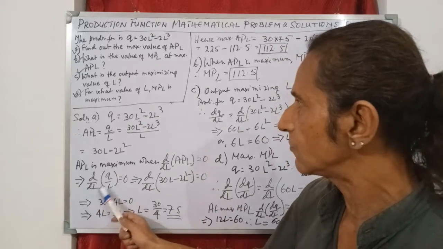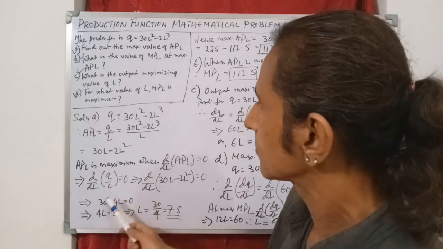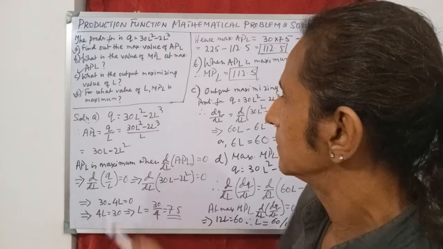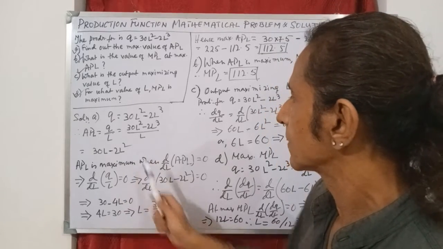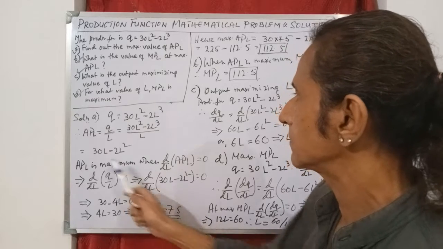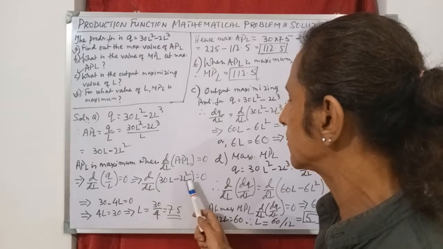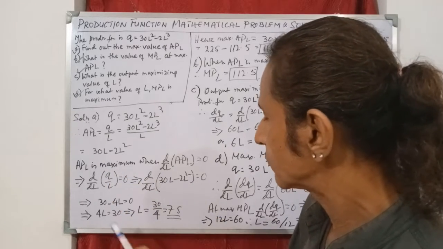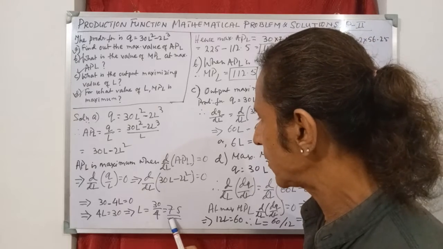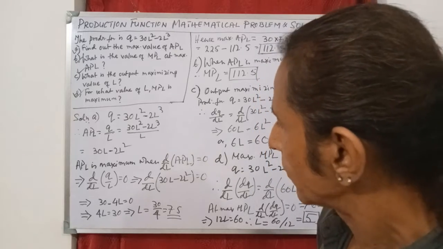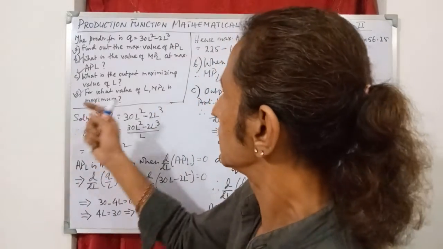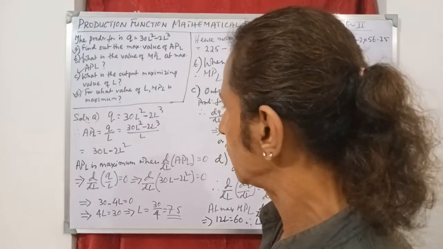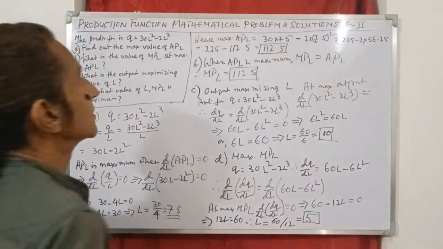That is d/dL of Q by L equals 0. This means d/dL of 30L minus 2L square equals 0. So we get the value of L as 7.5. So when L is 7.5, APL is maximum, and we have to find out the maximum value of APL.